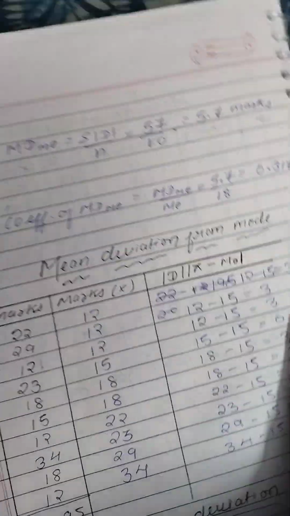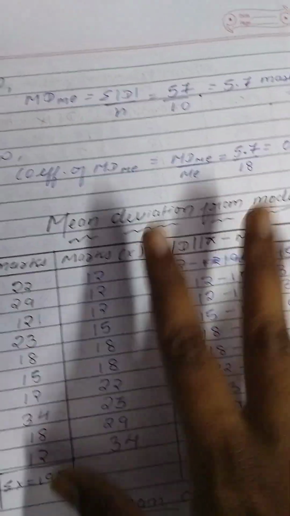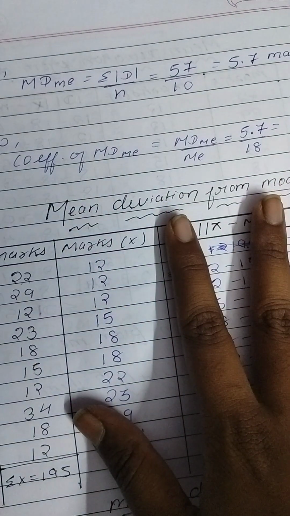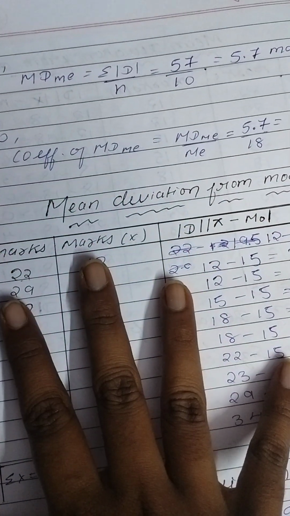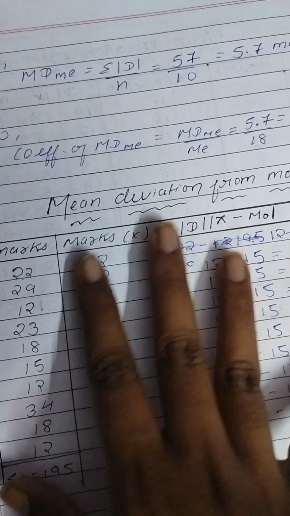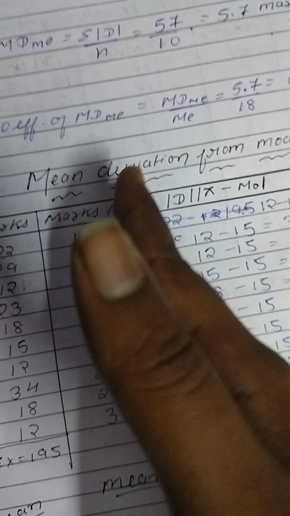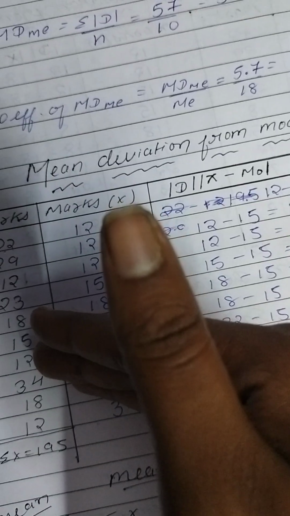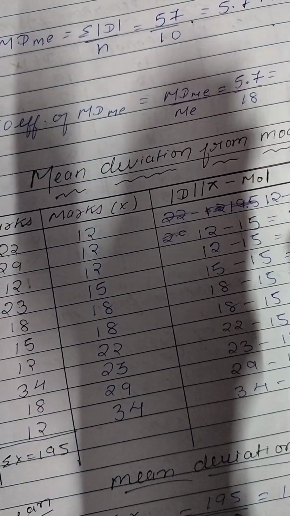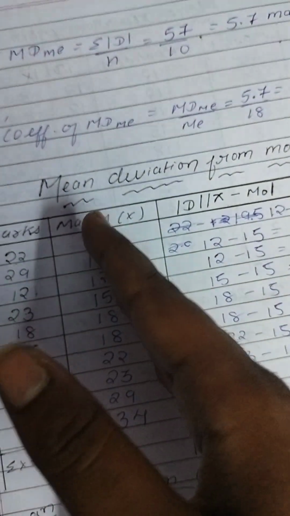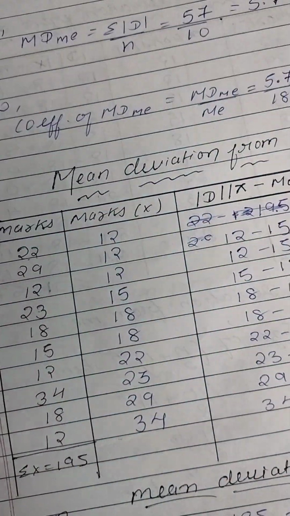So for calculating the mean deviation, first you have to calculate the median and then the mean deviation. The basic formula is the same, and after that you just subtract and then divide it, so that you get the coefficient of the mean deviation.